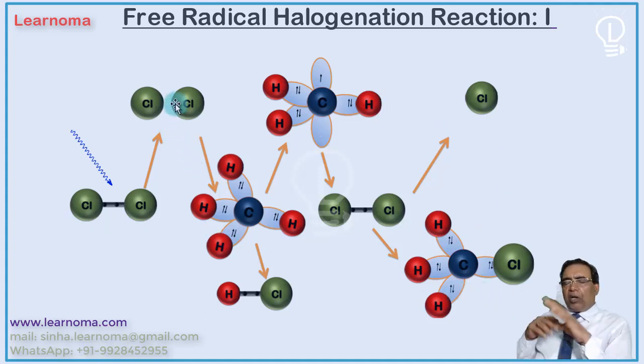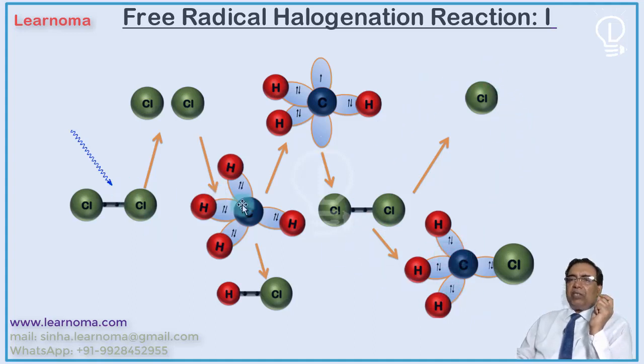See this, in the halogenation of alkane, if we do not go into the mixture of products, if we just go for the halogenation of methane only, then we find that overall the reaction is exothermic, because the energy required in this step is coming from the light, and the energy required in the second step is very little, which is compensated by the energy released in the third step. In the third step, it is highly exothermic.